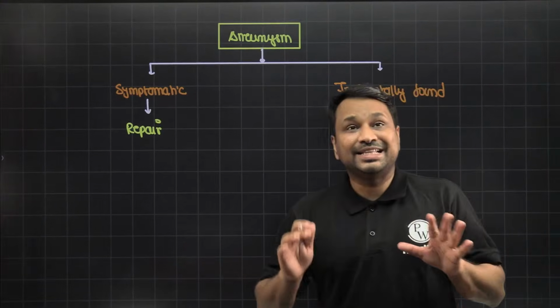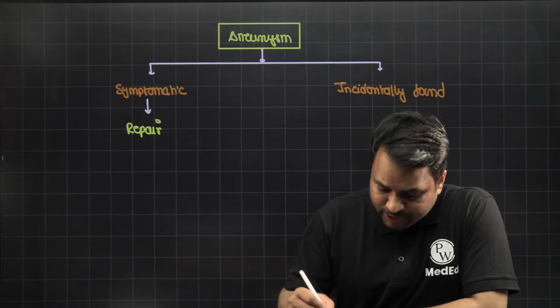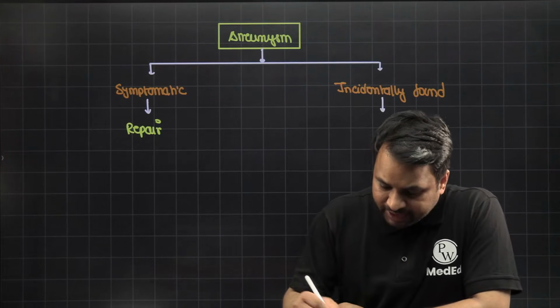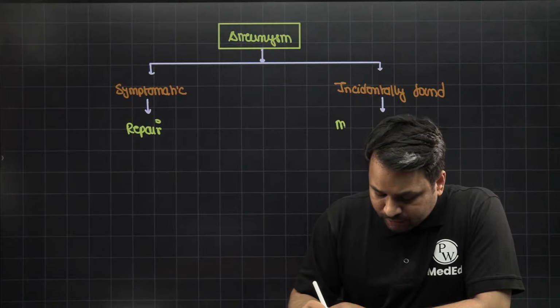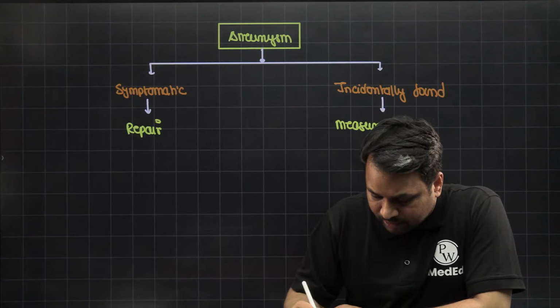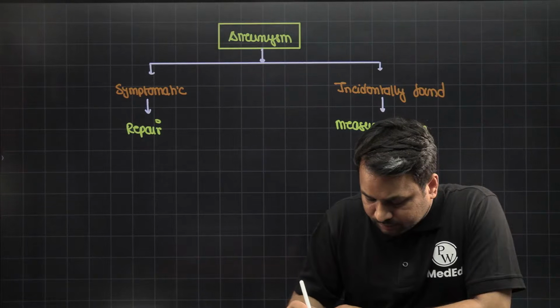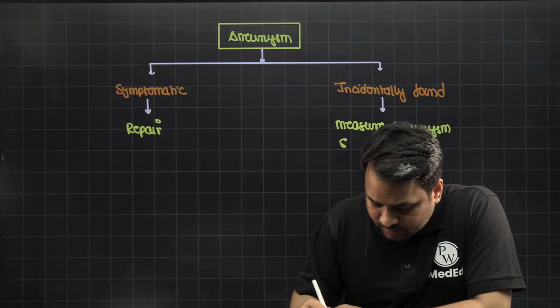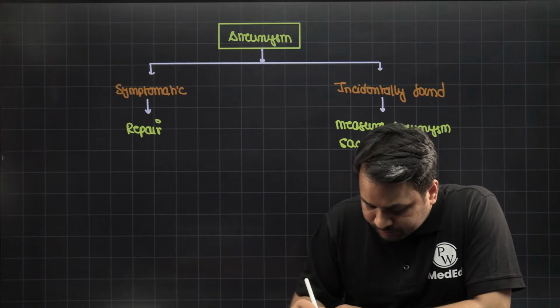Now, if the patient is incidentally found, what are we going to do? We are going to measure the aneurysm sac diameter.